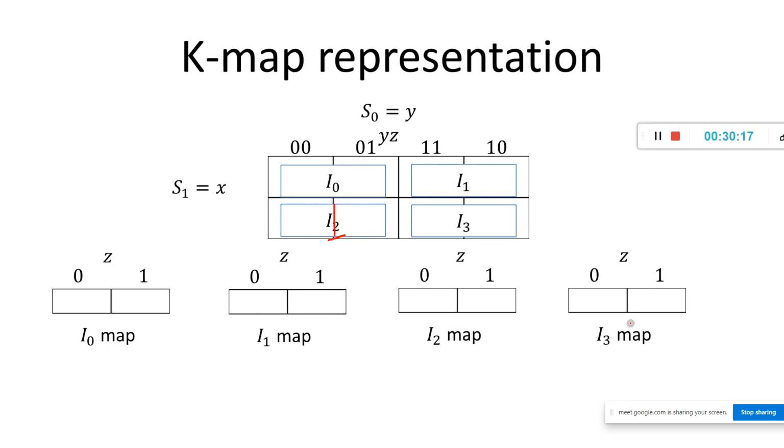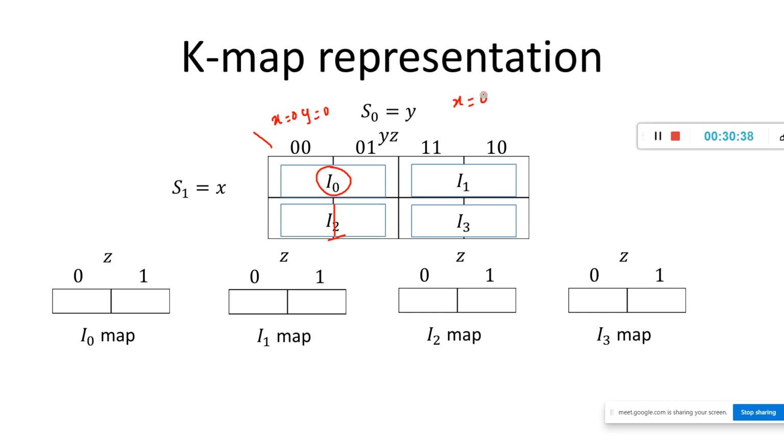This corresponds to I3. So in this three variable K-map, we have two cells corresponding to I0, two cells corresponding to I1, two cells corresponding to I2, two cells corresponding to I3, where X is 0, Y is 0, I0.